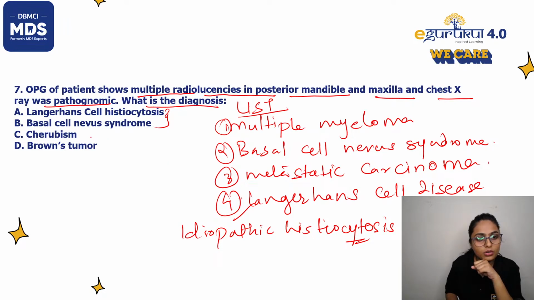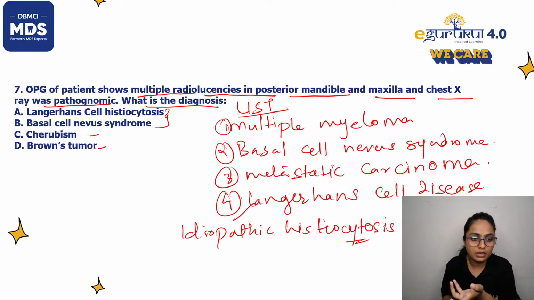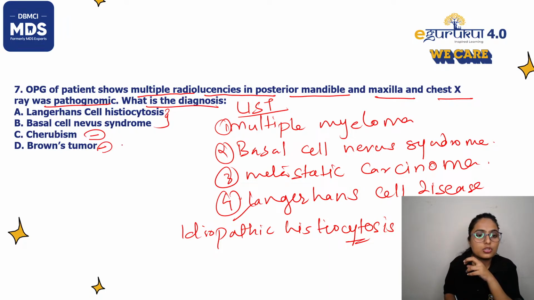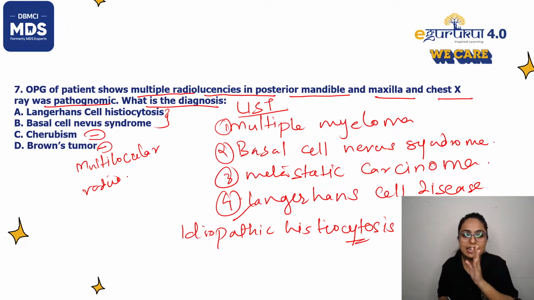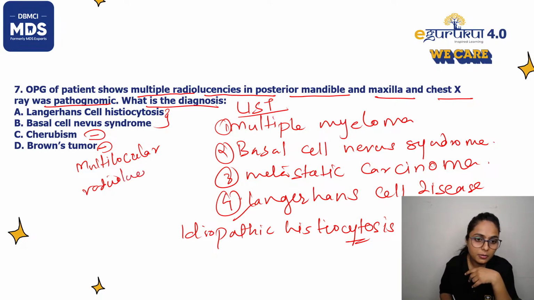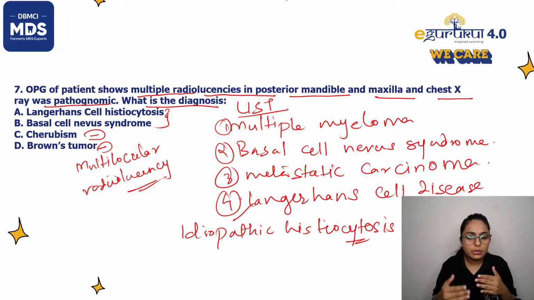Before that, you should know which appearances are seen in cherubism and Brown's tumor. Brown's tumor is seen in hyperparathyroidism. Cherubism and Brown's tumor show multilocular radiolucencies. So we ruled out options C and D. Now we have to choose between options A and B. How do we choose between them?